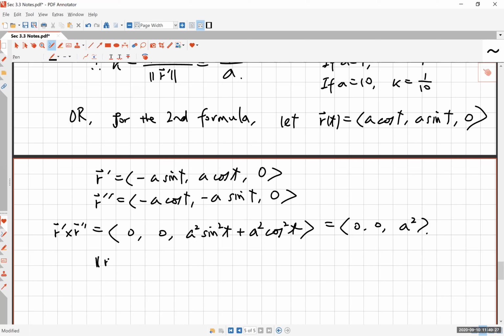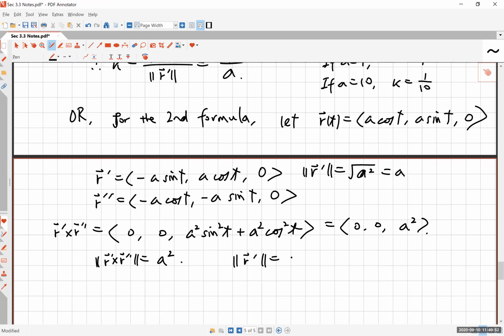What's the norm of this? Of course, that's a squared. And you know what the norm of r prime is already. So the norm of r prime is the square root of a squared sine squared plus a squared cosine squared. That's just a.